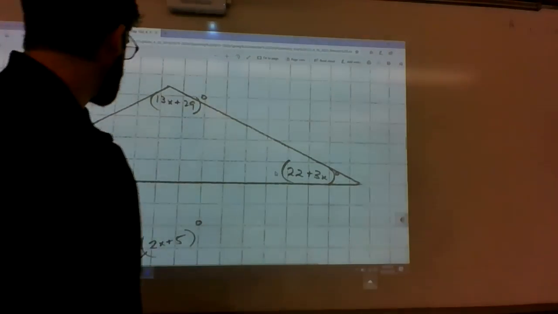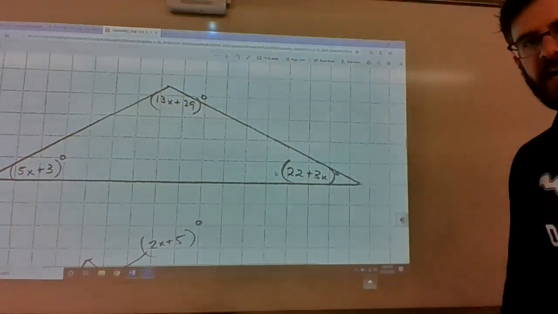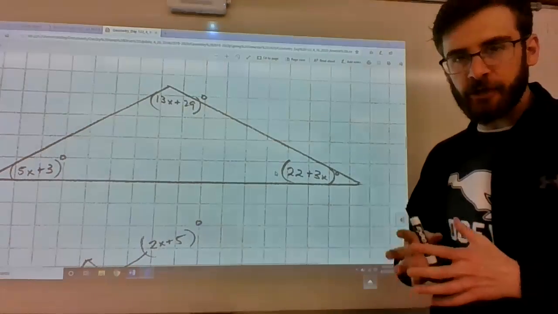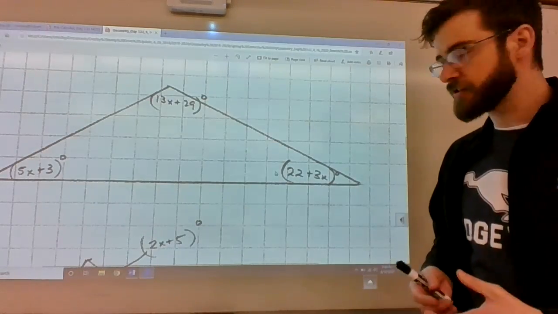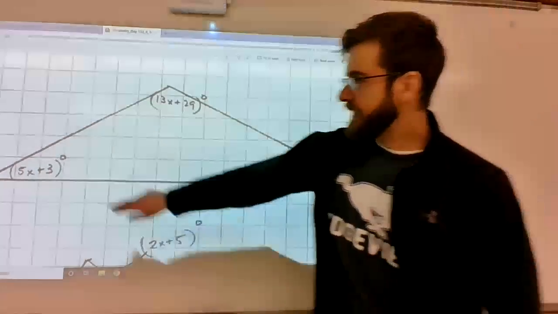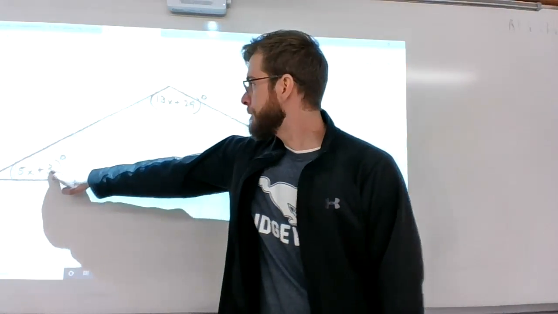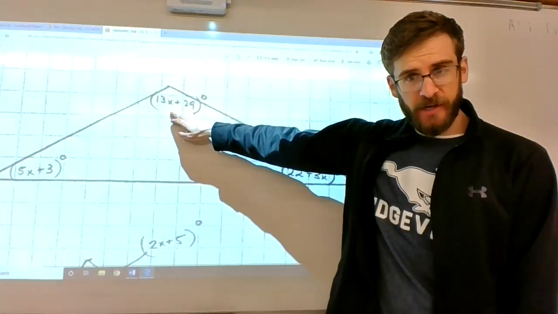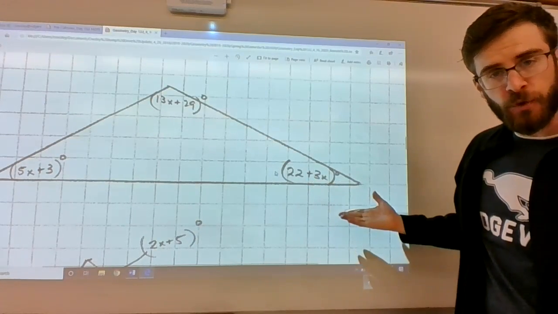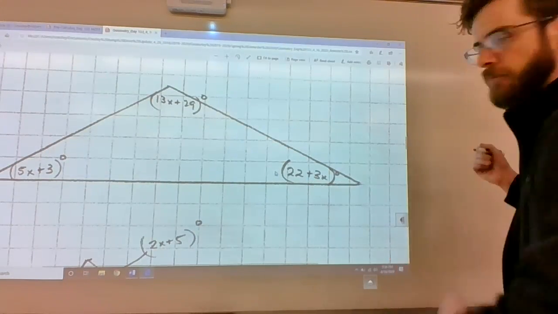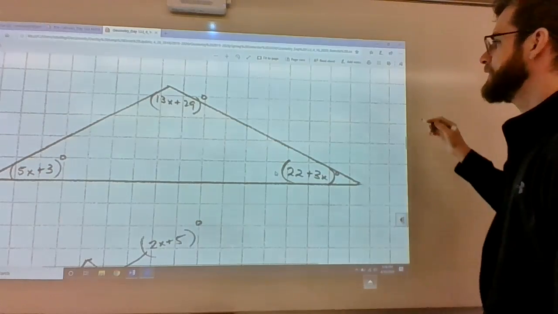So if we're trying to figure out what the value of x is, we got to think, what do we know about the angles in a triangle? They add up to 180 degrees. So all we got to do is take 5x plus 3 plus 13x plus 29 plus 22 plus 3x and set it equal to 180. So I'm going to try to do this over here on the side.